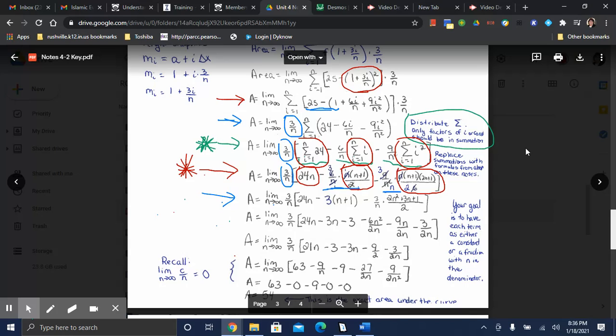So some cancellations allowed me to go from my line marked in red to my line marked in blue. I also multiplied out the n plus 1 and the 2n plus 1 to get 2n squared plus 3n plus 1. You often will have to do that.